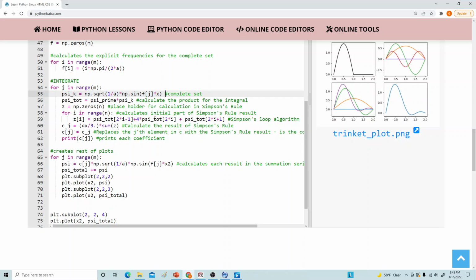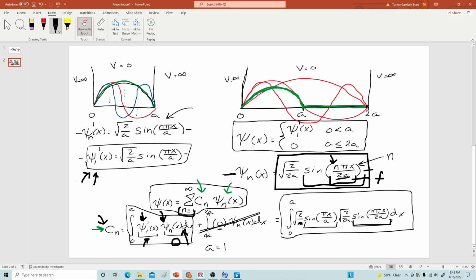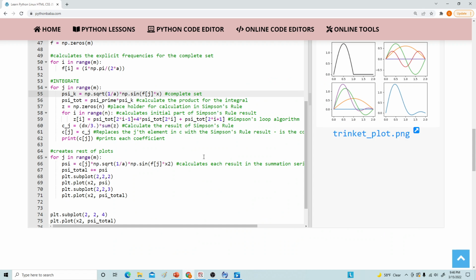Okay, and so that literally is this right here. Right, that literally is that right there. So I'm taking my coefficient that I just calculated from this integral, and I'm multiplying it by the same index of the complete series. Okay, so that's what this line of code is.